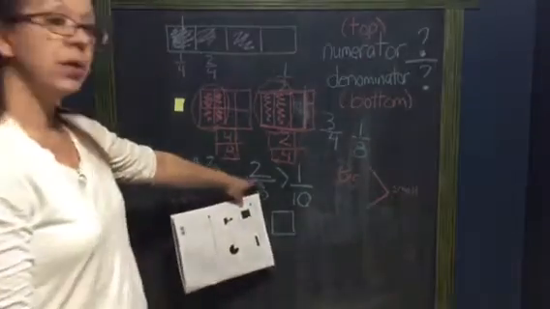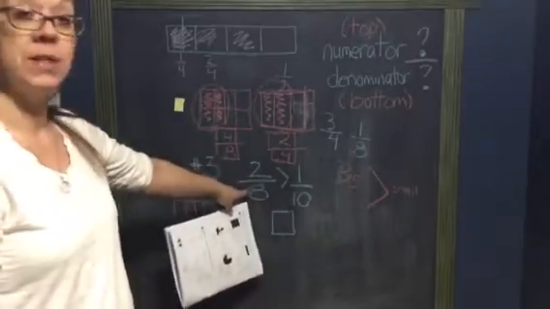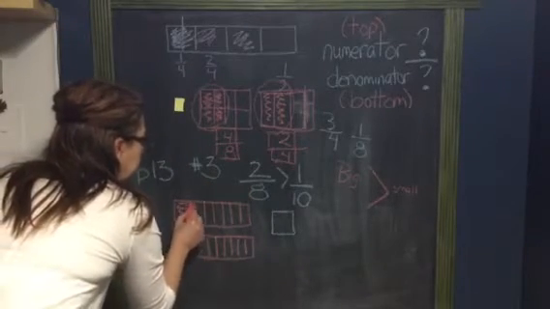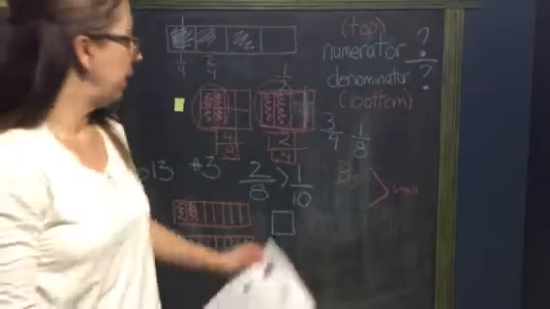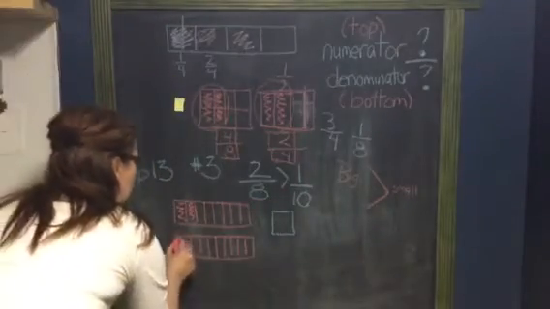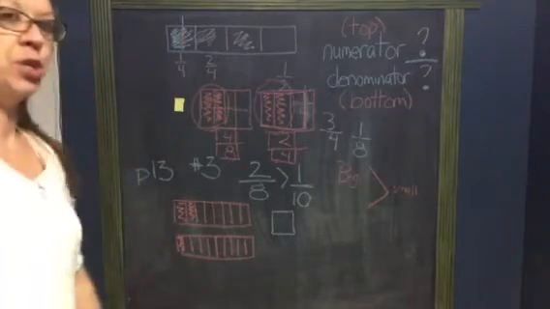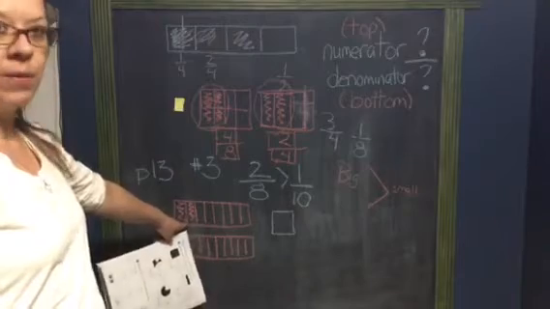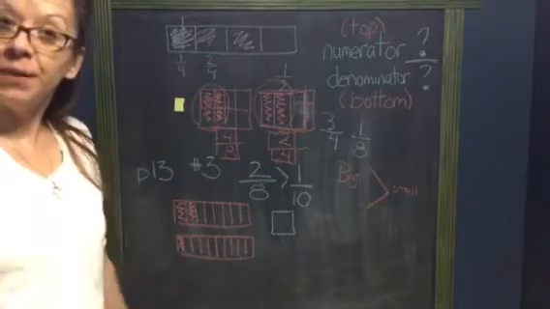Now, if I colored in 2/8, we say 2/8 when we talk about that fraction, I would color in this much. Okay? If I colored in 1/10 of this chocolate bar, I would color in that much. Now, which one's bigger? Well, obviously, that one, because that's more chocolate that I would have eaten.